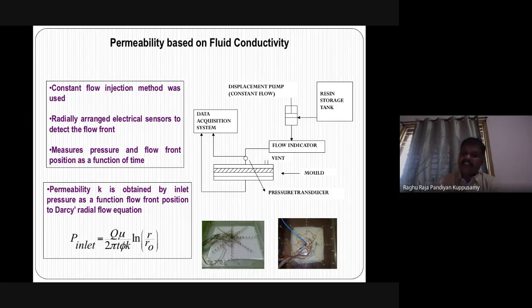In that case, we can see two things: the pressure difference, as well as the time of reach for a specific sensor when the fluid is flowing through the fiber mat. And moreover, the permeability is obtained using the given equation, Darcy's equation and the radial flow equation.